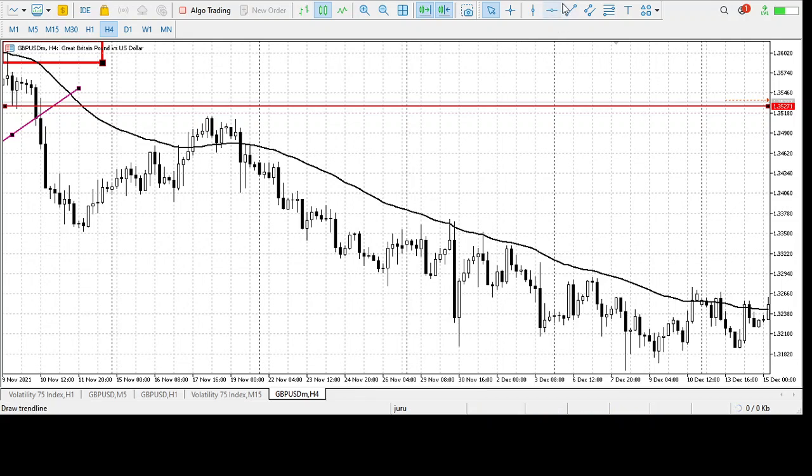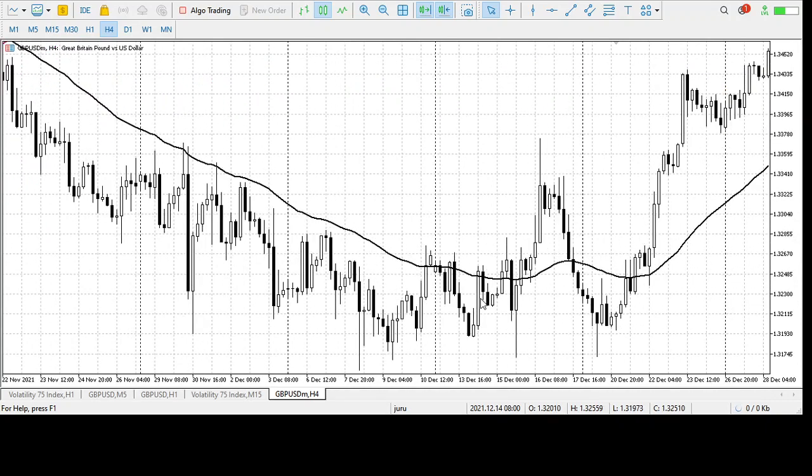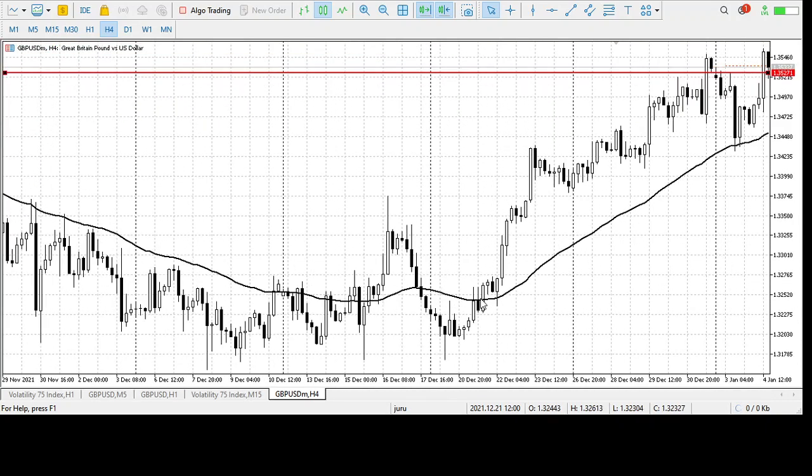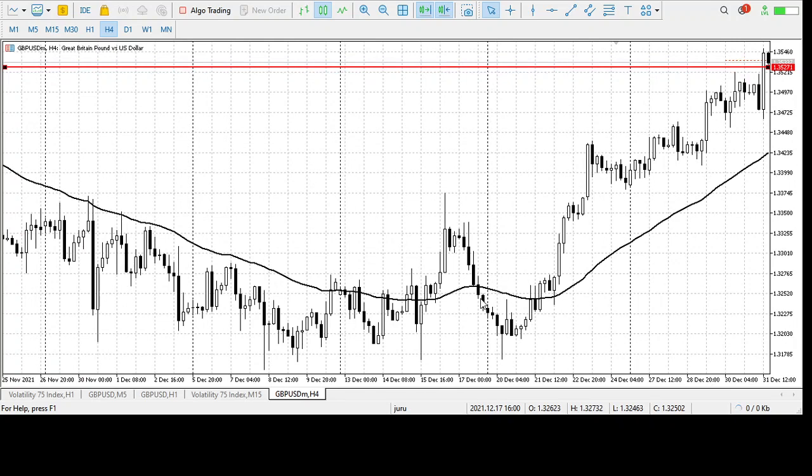So our entry again, you can enter on our trend line. As you can see, this trend line was broken, so we enter. So let me now look for a trend change. As you can see here, we witnessed a trend change.